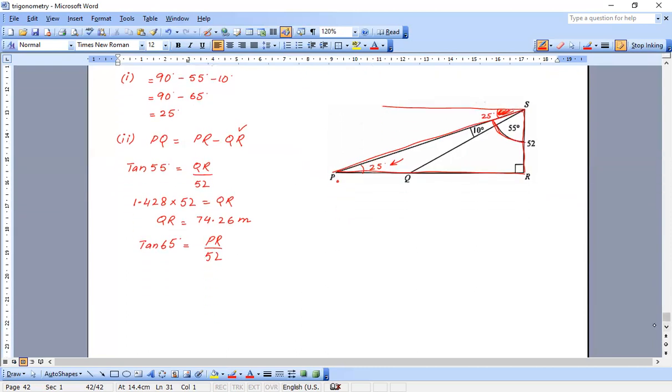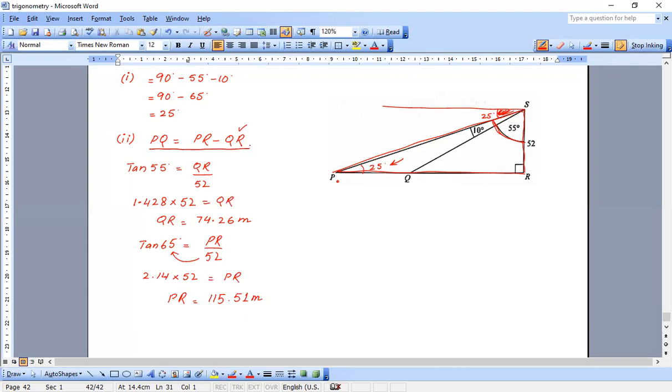Tangent 65 is equal to 2.14, and we multiply this with 52 to get the value of PR. So this multiplied by 52 is 111.51. So PR is equal to 115.51 meters.